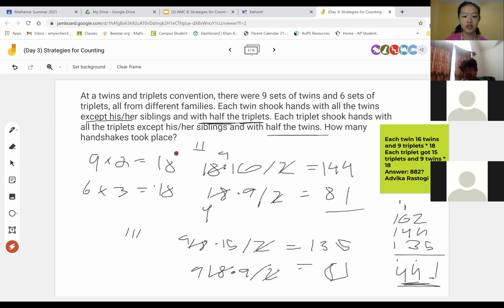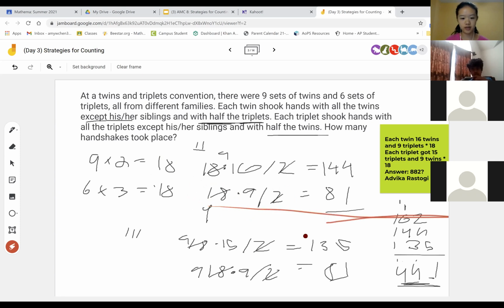And since there's 18 twins, that means half of the twins would be 9. So we do 18 times 9. But then we do have to divide by 2 because, as you remember, the way we're counting, each person shaking hands with another person is counted twice. So we have to divide by 2.